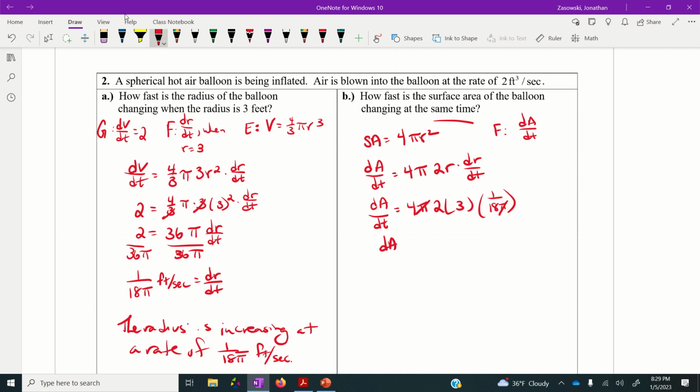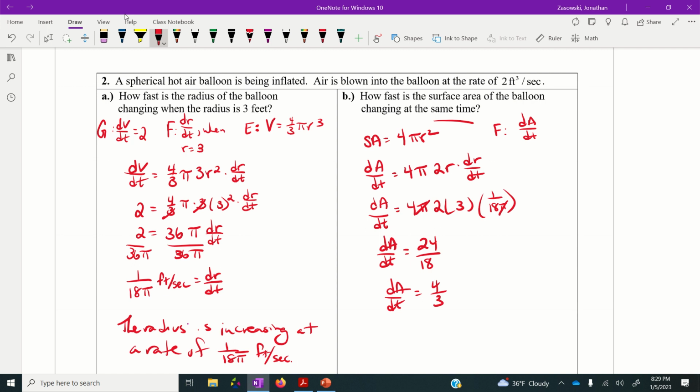So we're going to get dA/dt: 4 times 2 is 8, times 3 is 24 over 18. And if you reduce this, you can take a 6 out of both. So we get dA/dt is equal to 4/3.